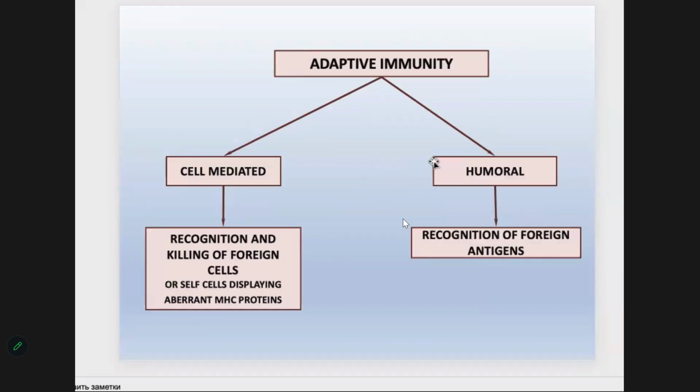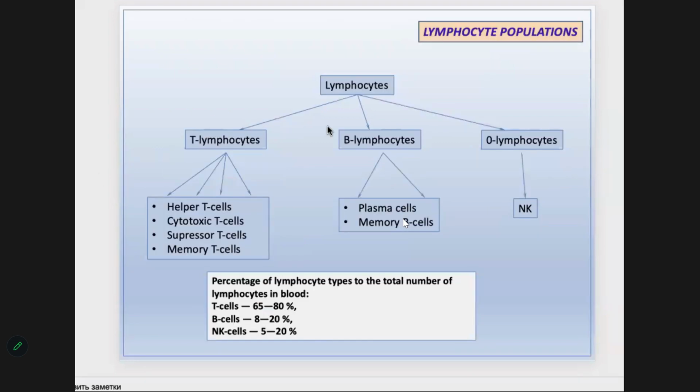The second type, humoral immune protection, is recognition of foreign substances, foreign antigens, and production of antibodies which bind the antigens and destroy them. Humoral immune protection is performed by the plasma cells producing the antibodies, or immunoglobulins.